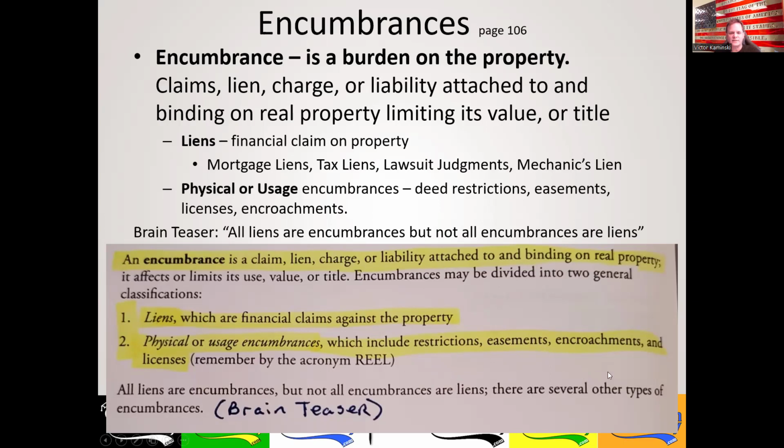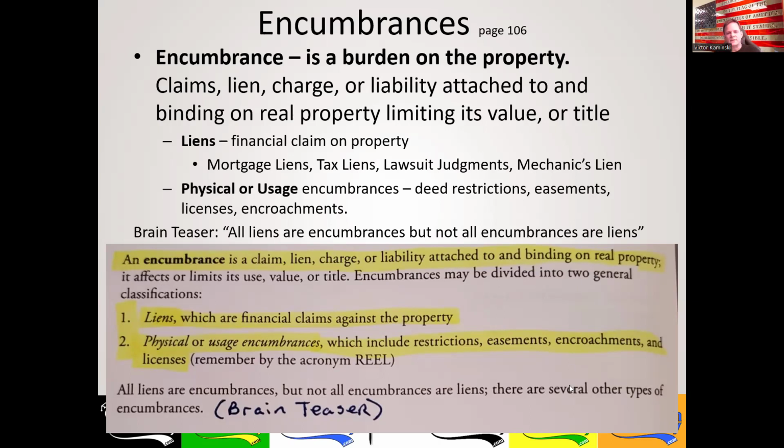Easements, encroachments, and licenses. And then here's that little brain teaser for you again. Question: the deed restriction, can they be called determinable?